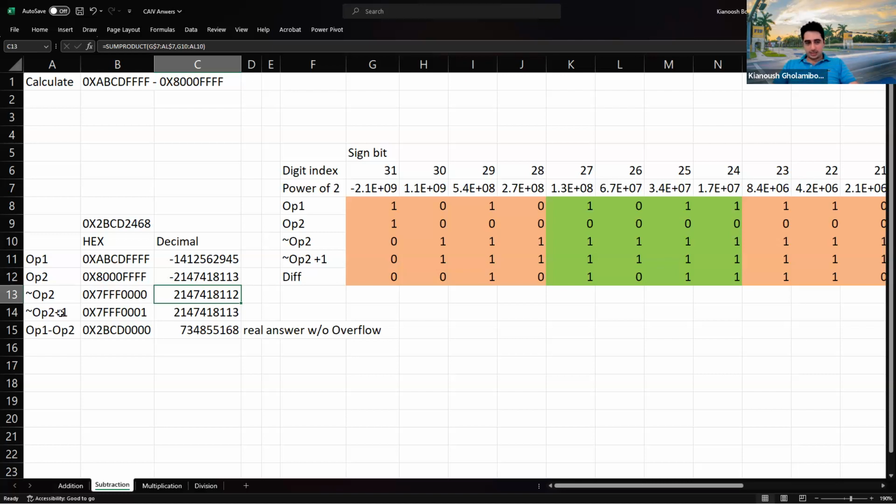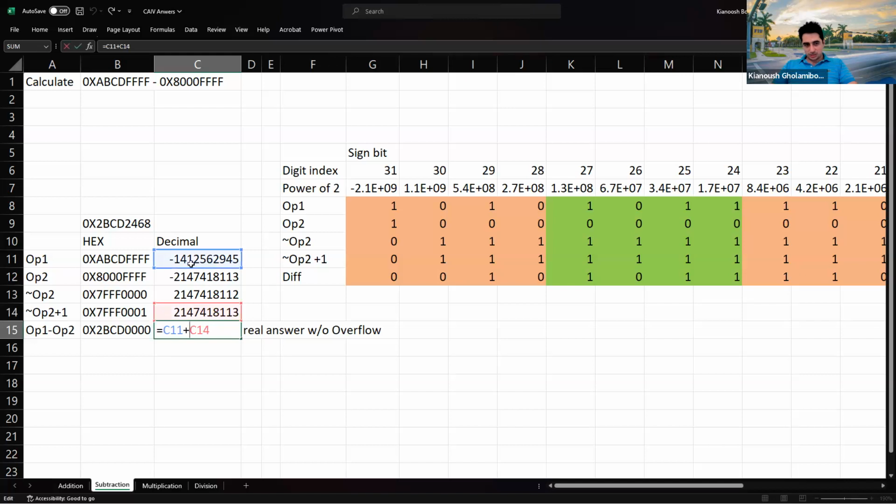If you want to get the exact negation, you need to add 1 to get the 2's complement. Now this is the 2's complement of this, that's why it's the negation of it, right? But to calculate that, we use the same sum product rule. And finally, I'm going to subtract op 2 from op 1 by adding this by this.